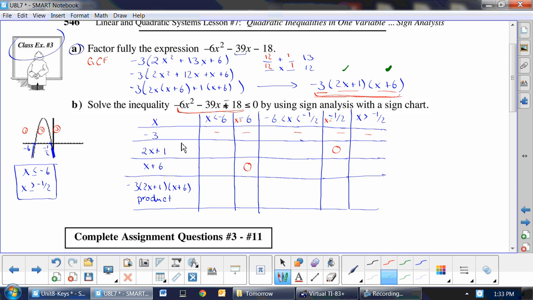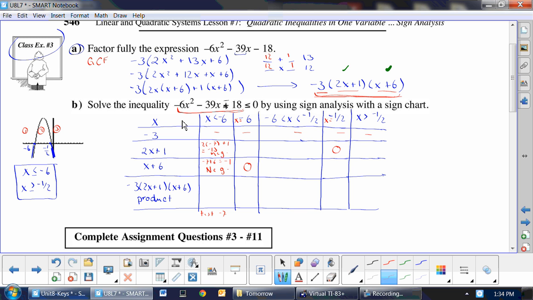For the 2x plus 1, we say, okay, x is less than -6, so maybe we'll say -7. So we can go 2 times -7 plus 1 gives us -14 plus 1, -13. So we're going to get a negative. And then -7 plus 6 gives us -1. So this is also a negative.